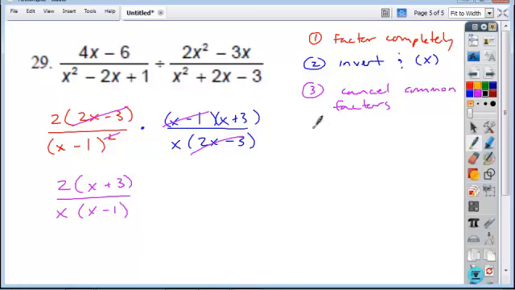We have one final step on this, and that is to identify any additional domain restrictions. And there's several cases that we have to take into consideration here. The first is any canceled factors.